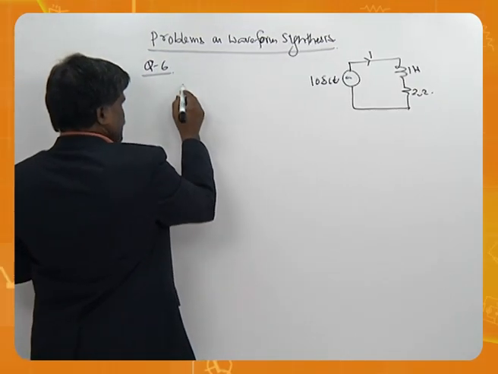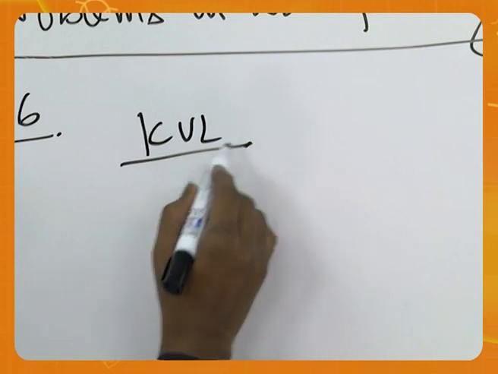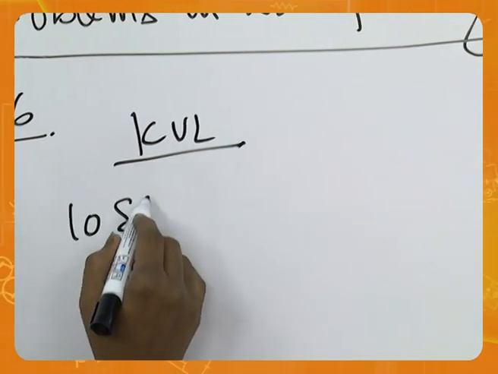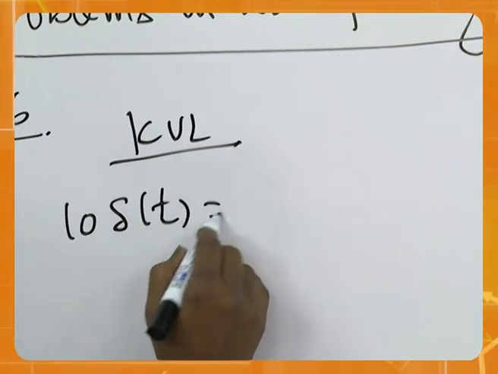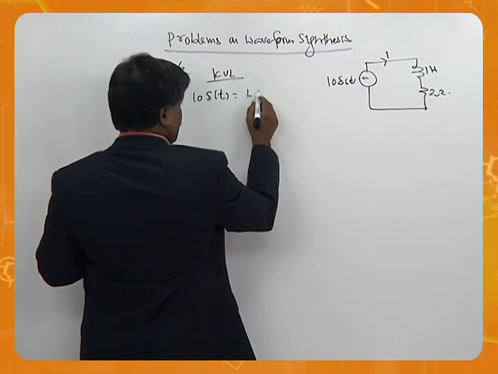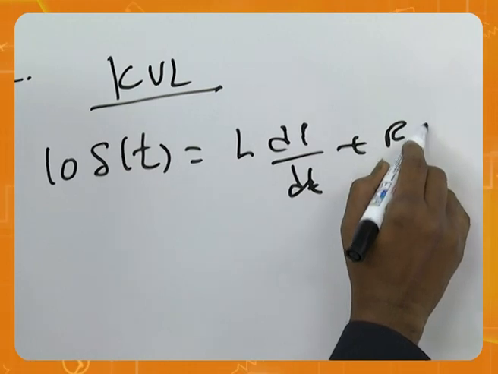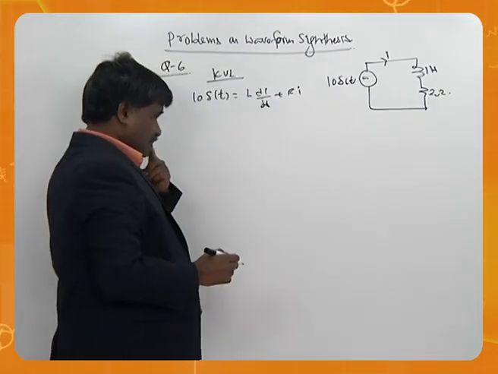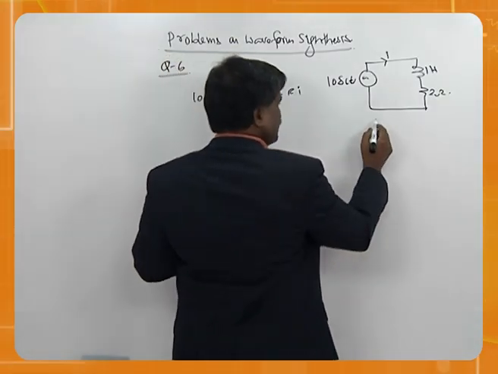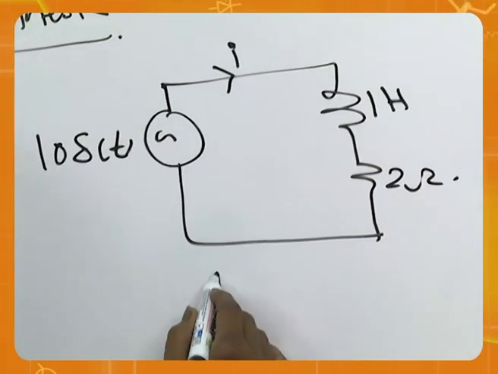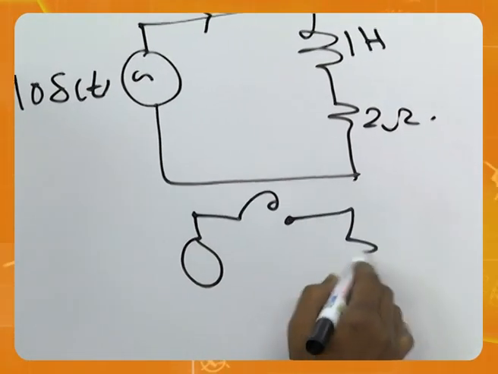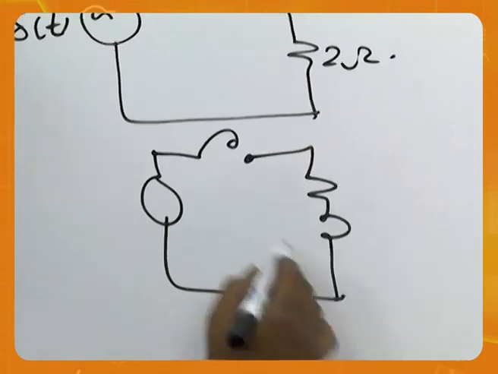So what to say is, apply KVL. 10 into delta t equals L di by dt plus Ri. Please observe, this circuit can be put in this form, like this.